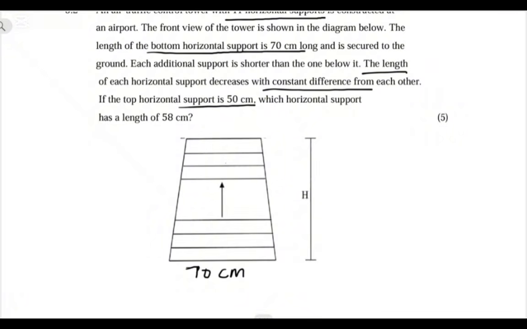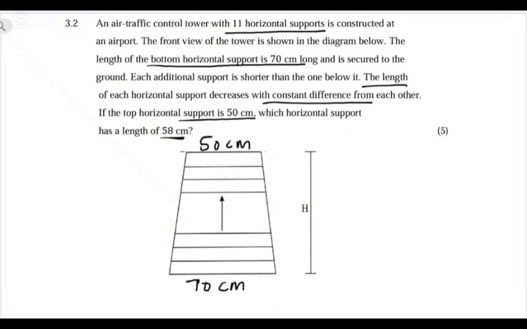Remember the bottom is 70, the top is 50 centimeters. Which horizontal support has the length of 58? So they want the one that has 58. If here is 70 and it keeps on decreasing, which one will have 58 centimeters along these horizontal supports?